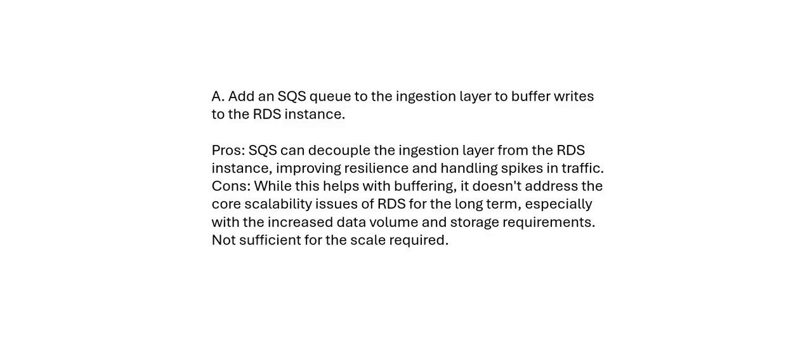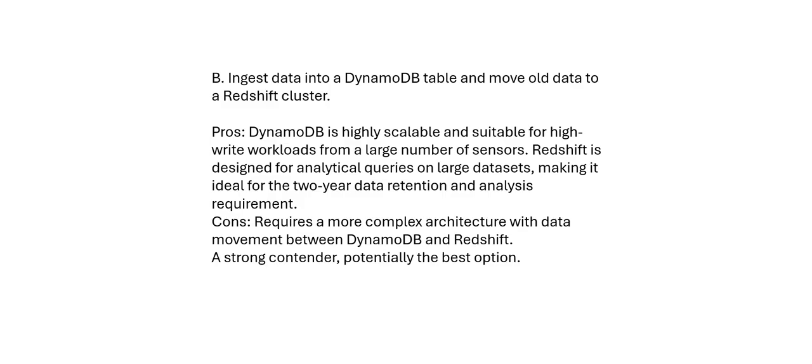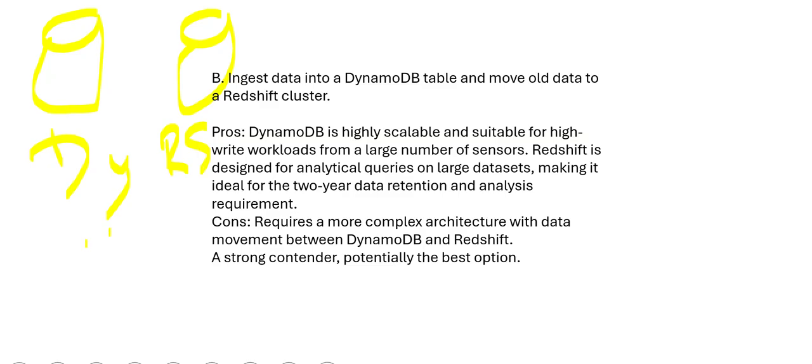First of all, real-time data from 100K sensors is coming. So RDS is not meant for handling such kind of scalability. DynamoDB is meant for this. So we are telling you to create two databases. One is DynamoDB, the other is Redshift.